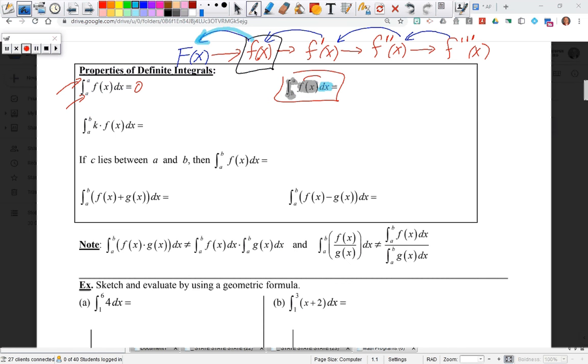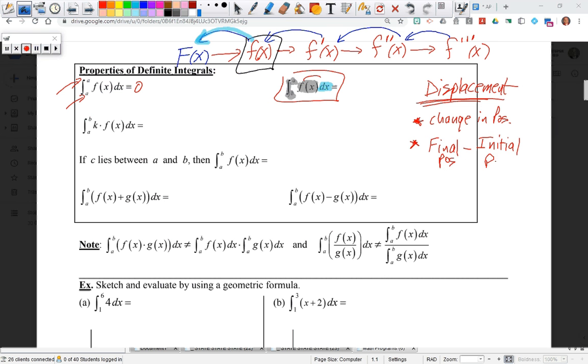Let's write that out because some of us forgot. Displacement is change in position. Otherwise, the final position minus the initial position. Okay, so here we go.